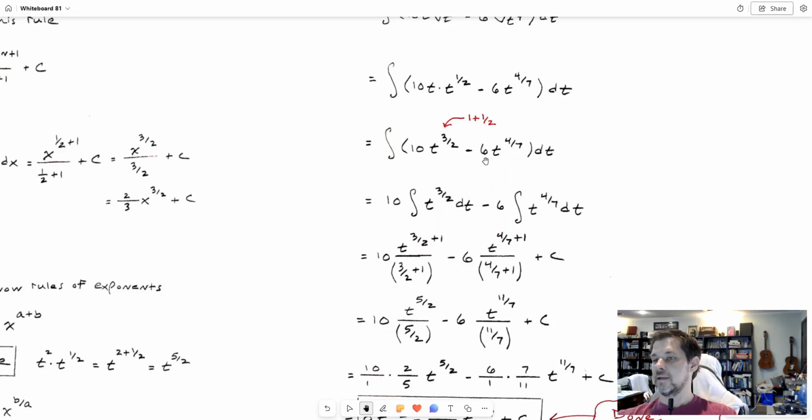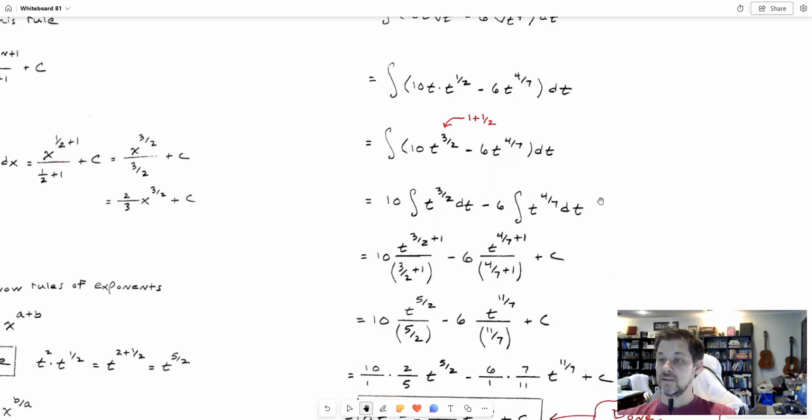And I can split it up across addition or subtraction. Okay? So that's what I've done here. I've taken out the 10, I've taken out the 6, I split up the minus, and so what I have is 10 times the indefinite integral of t to the 3 over 2 power minus 6 times the indefinite integral of t to the 4 over 7.